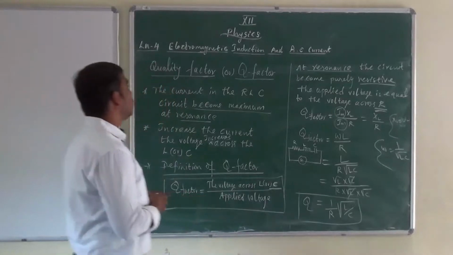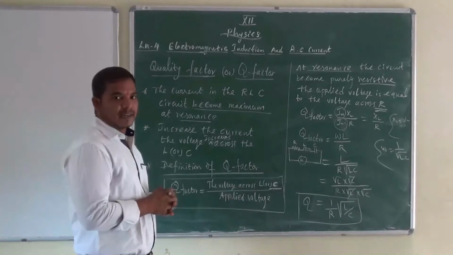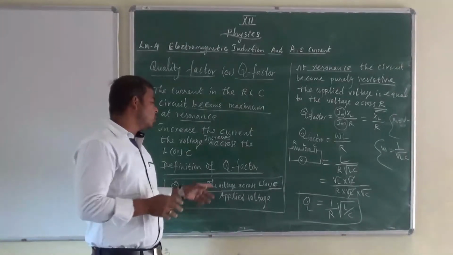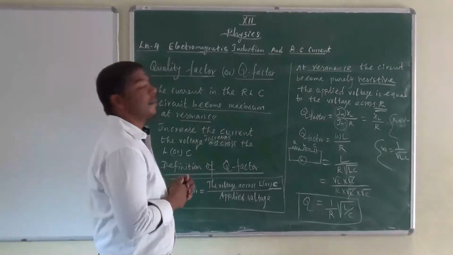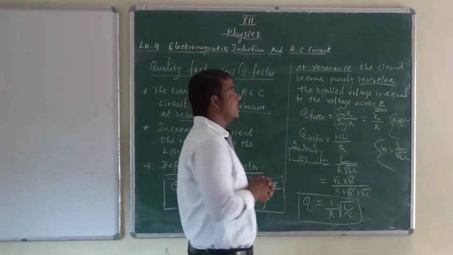This is a very important question. So once again, quality factor or Q factor is defined as the ratio of the voltage across L or C to the applied voltage. At resonance, the circuit becomes purely resistive.